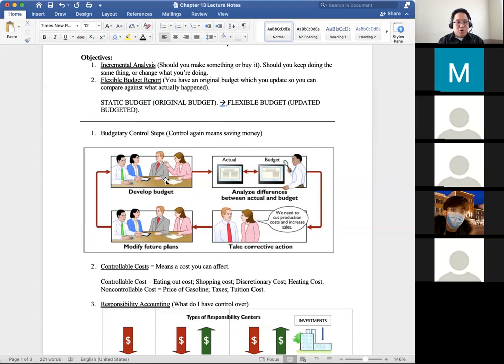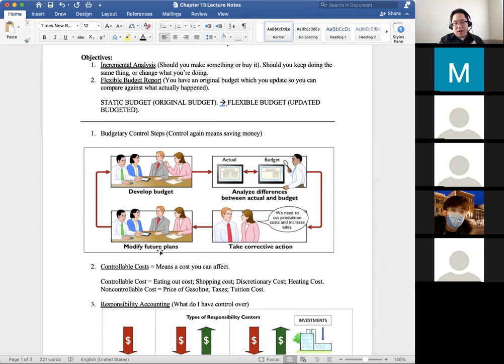So for budgetary control, we develop a budget, and then we analyze our budget against what actually happened. And then we figure out, okay, are we over budget? Are we under budget? How can we change what we're doing? So we take corrective action. And then with corrective action, then you're going to apply that to your strategy and figure out, okay, well, maybe we should eliminate a division.